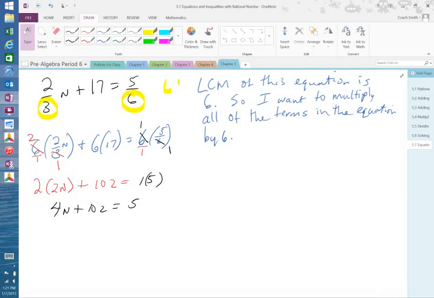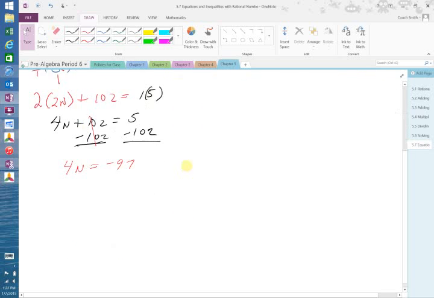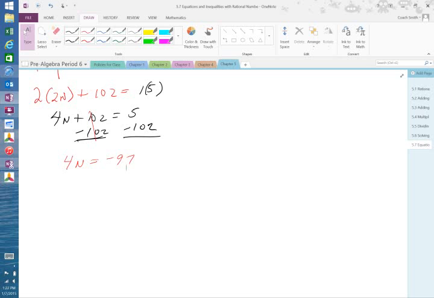Now I solve the equation by subtracting 102 from both sides. On the left side, it cancels out, leaving me with 4n equal to, what is 5 minus 102? Negative 97. Now, to solve that, we simply divide both sides by 4.